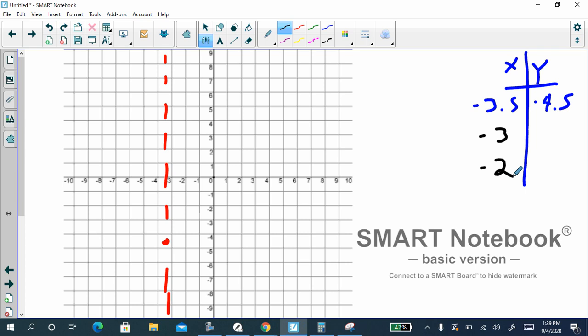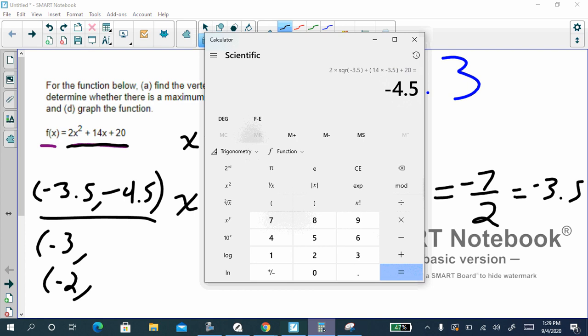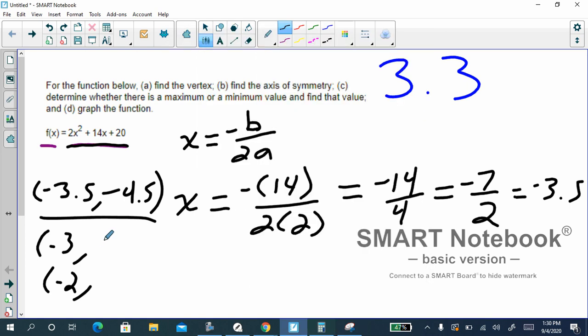And let's plug those into our function and find out what y goes with them. So I'm just going to pull up my calculator and I'm going to put in a negative 3. So we have 2 times negative 3 squared, which is 18, plus 14 times negative 3, plus 20, so that's negative 4.